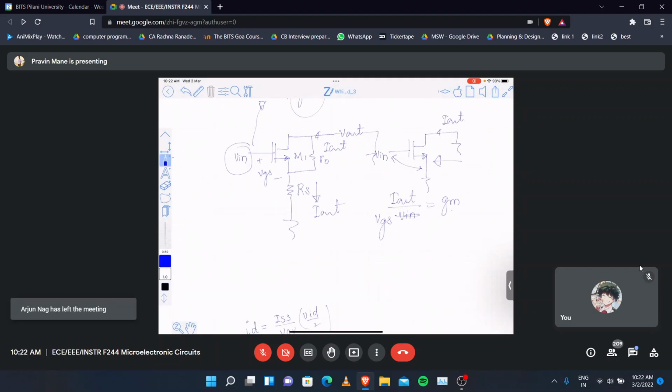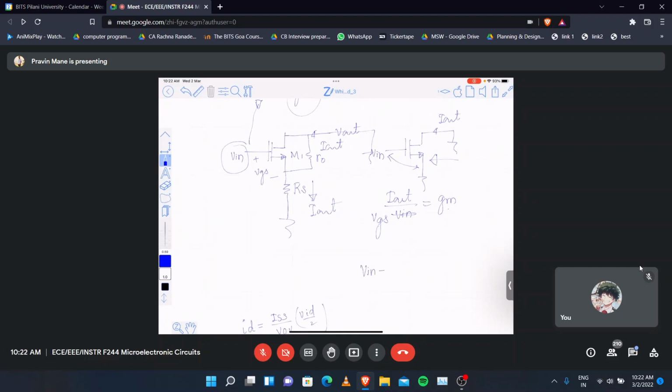What is VGS in this case? So V in minus RS into I out is VGS. So what current is it going to produce? gm into VGS, right?